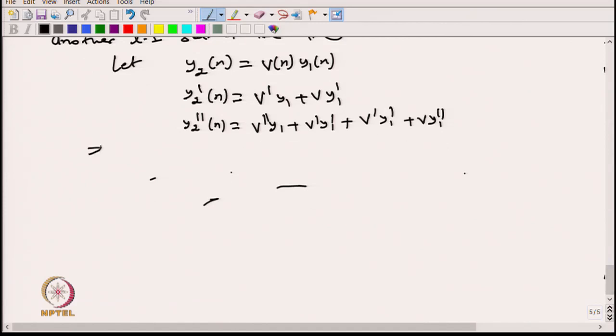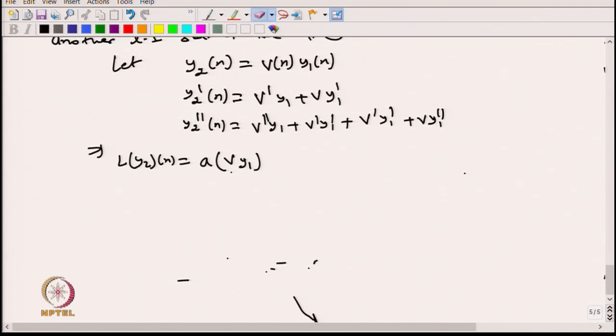So, from here if I substitute this solution in equation 1, then I will get L of y2 of x will become a. Now I am not writing it as a function of x, just so that the calculation will be easier. So, I am writing v into y1.